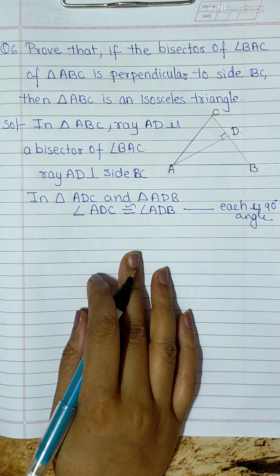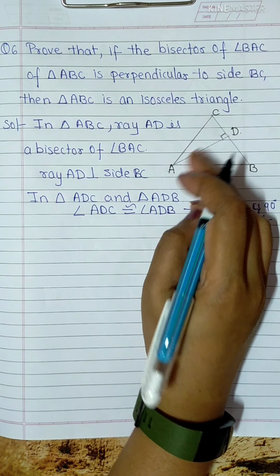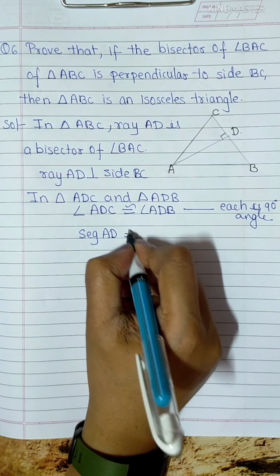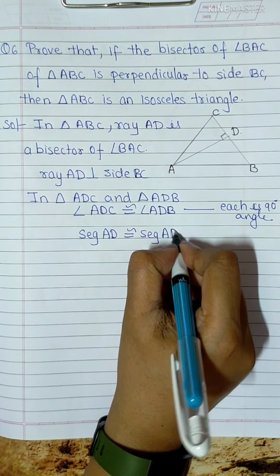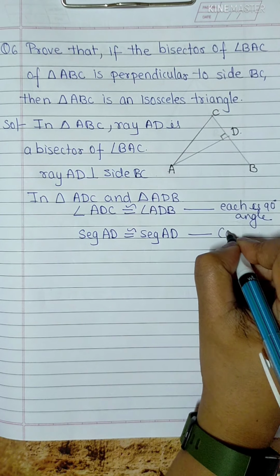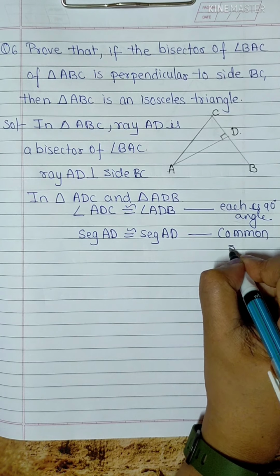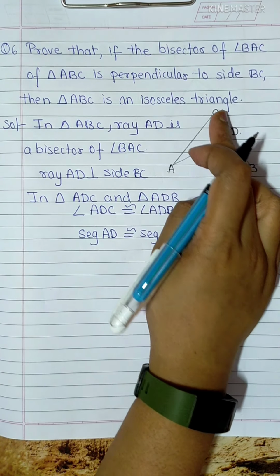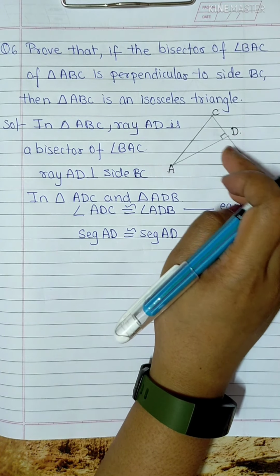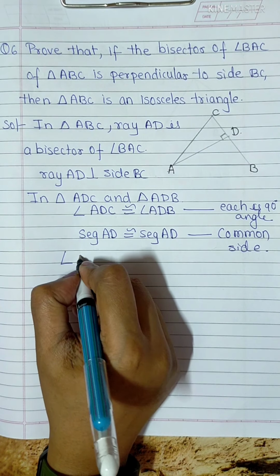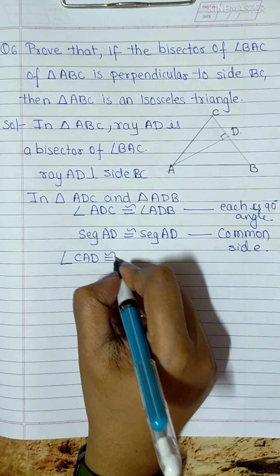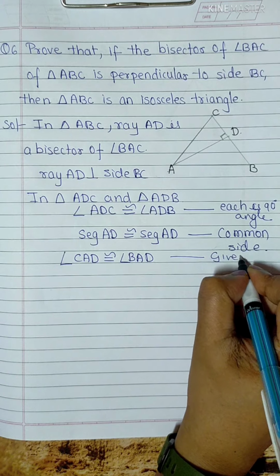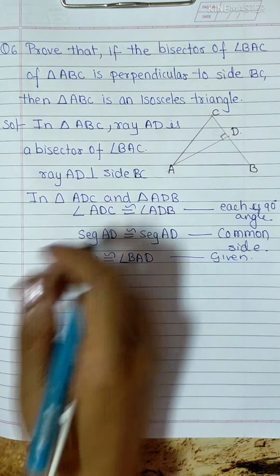Now segment AD is congruent to segment AD because of common side. Now what is given? Angle CAD is congruent to angle BAD. It's given, both are congruent.